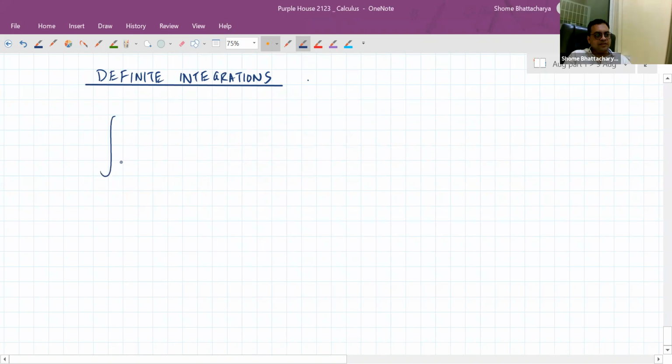So when we have the integration symbol with two numbers, which I've written as a and b, it is called definite integration. And these two numbers are called the limits.